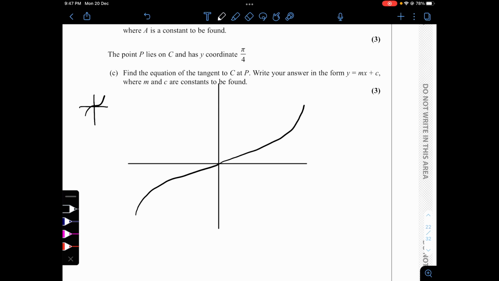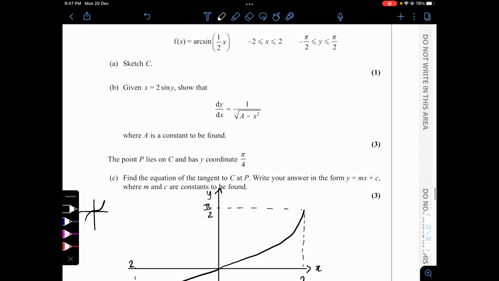Alright, so that's our arcsine of half x. So this is our x. So we know that the limits here will be, because there's half x, 2 instead of 1, but the y will stay the same as pi over 2. This is pi over 2, and this is also minus pi over 2.